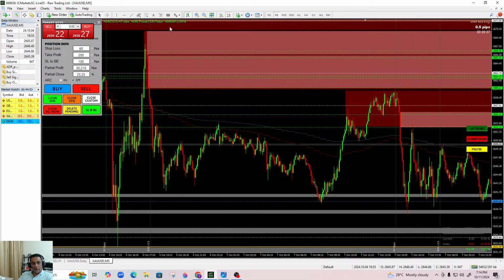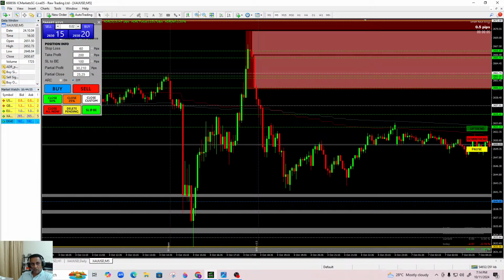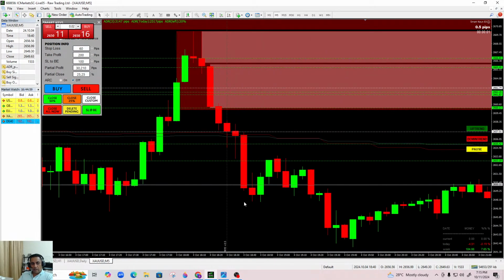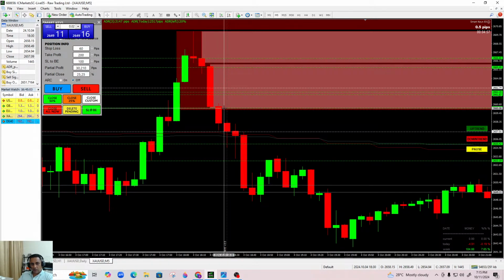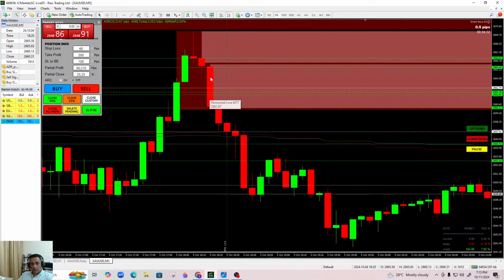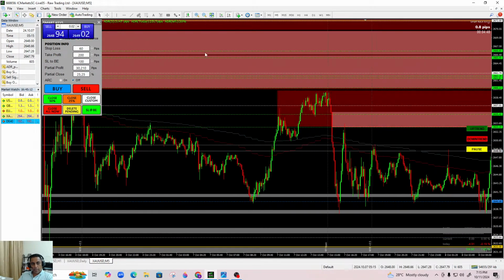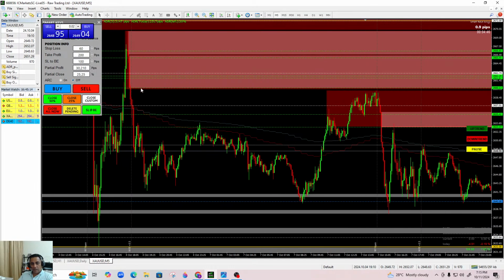This is the candle. If I am to take a sell trade today, if I had a gun to my head and I was forced to take a sell trade, I would take it on this candle. This is the candle I would take it on, right? Because price hasn't come to that candle yet.